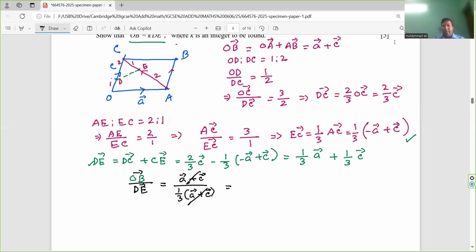So this part, that part cancel. So it will be 3 by 1. That means OB vector equals 3 multiply DE vector. Therefore, K equals 3 here.